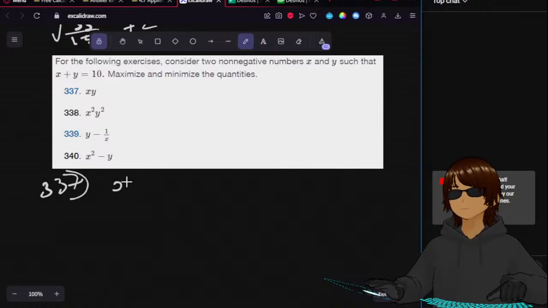So maximize and minimize the quantity. Then minus y.